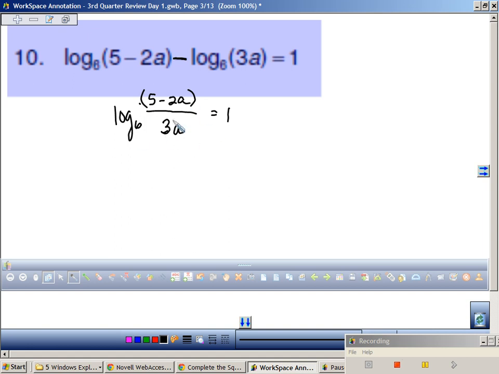Can I do anything else with this log? Put it this way: can I manipulate this in any other way at this point? I can't do anything else with it. So since I can't do anything else with it as a log, what should I change it to? ln is not a log. ln goes with e, right?